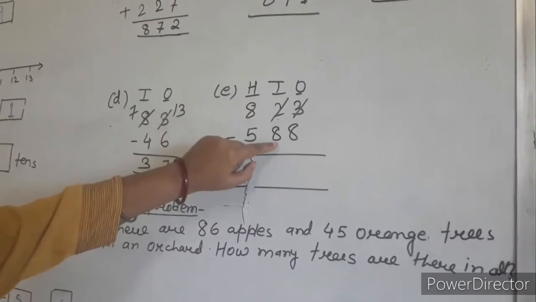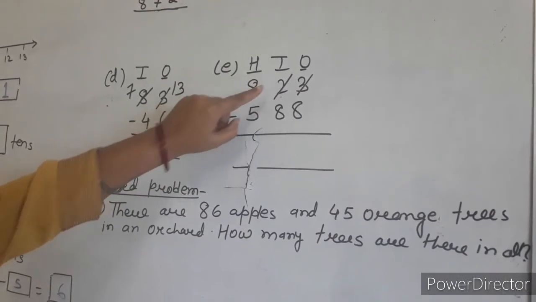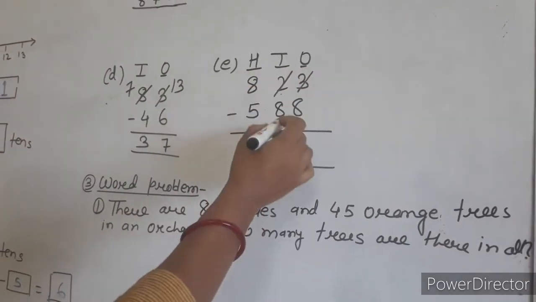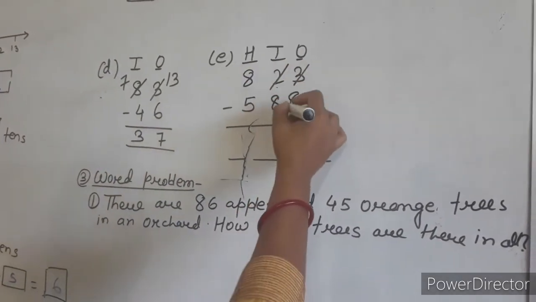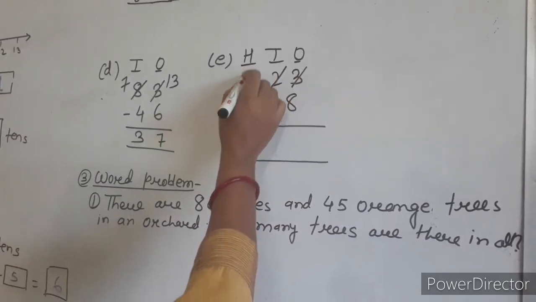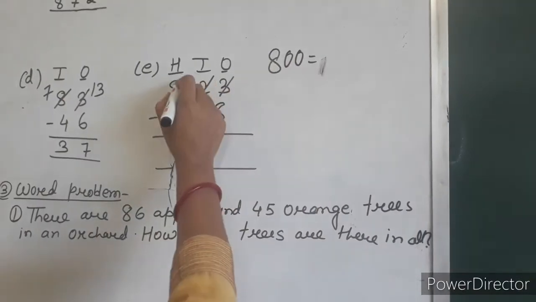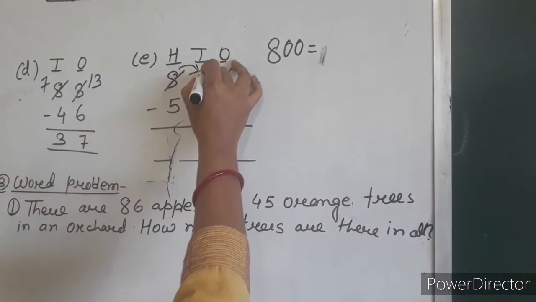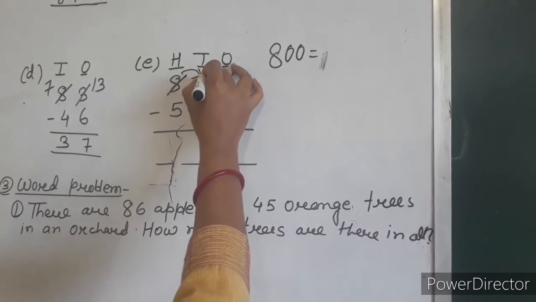So we have to make the upper number larger than the lower number. So here, in the tens place, the numbers are lesser than the lower numbers. So they will take the numbers from the 100 place. That is 8. Here to this side, it will be 12.